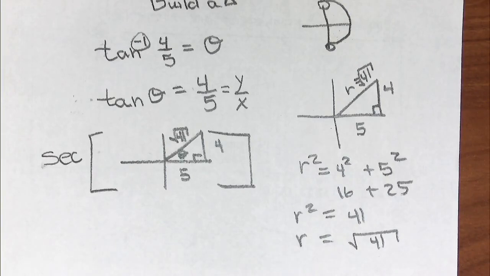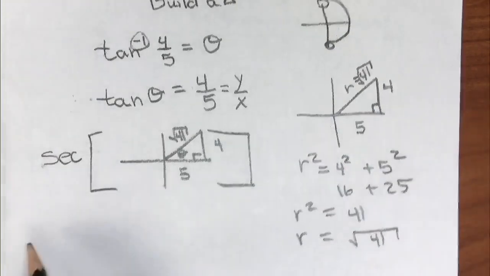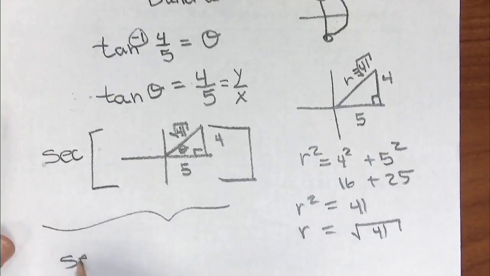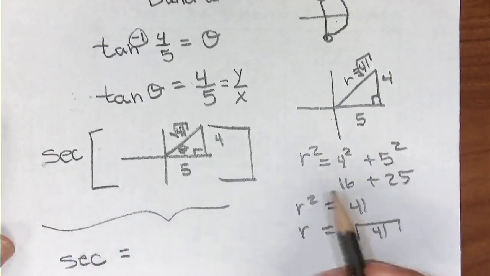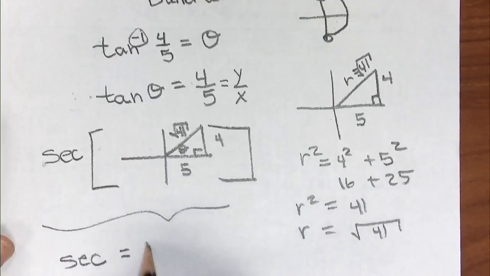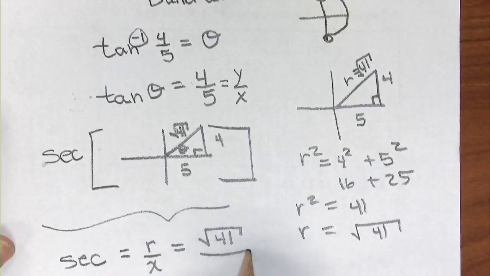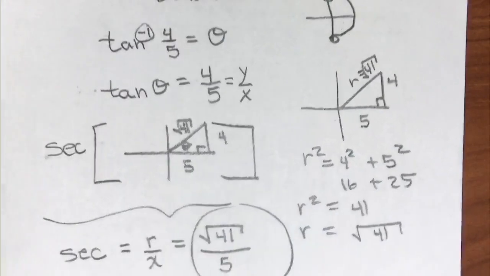What is the secant using the triangle that you just built? Secant has to do with cosine, so r over x. The r is the square root of 41 that we just struggled to find. The x was given to us. It was 5, and that's your answer.